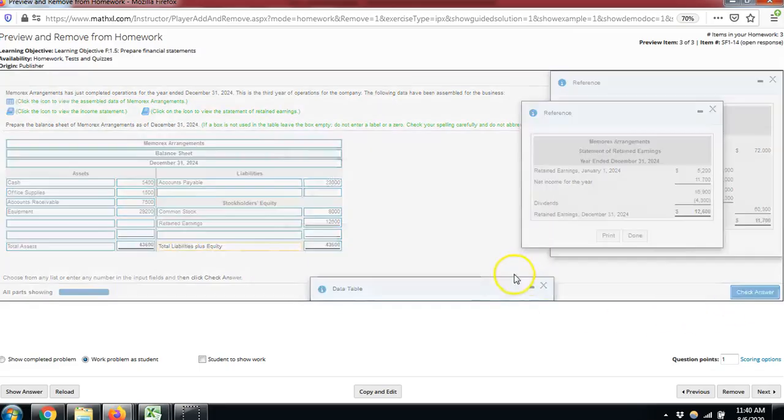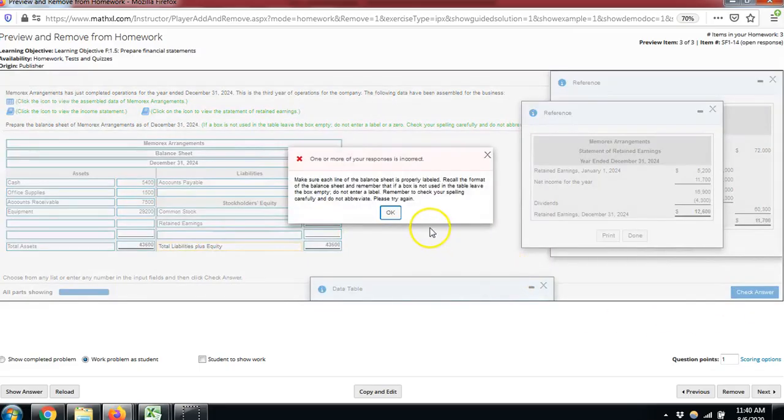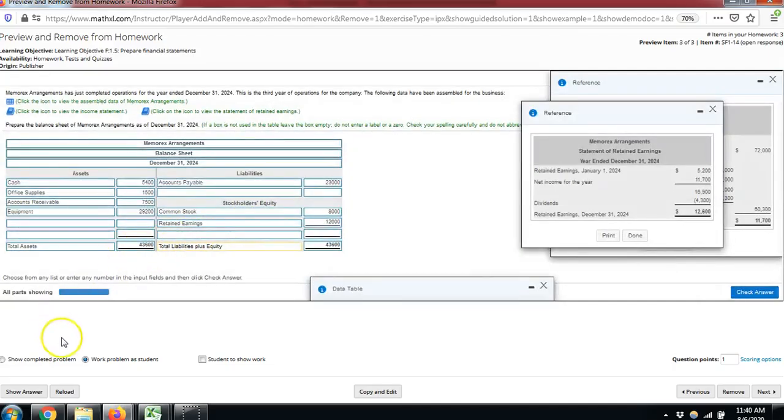So let's see. Make sure we call it. Okay, so I think I mislabeled some stuff. I think we have to use the proper labels.